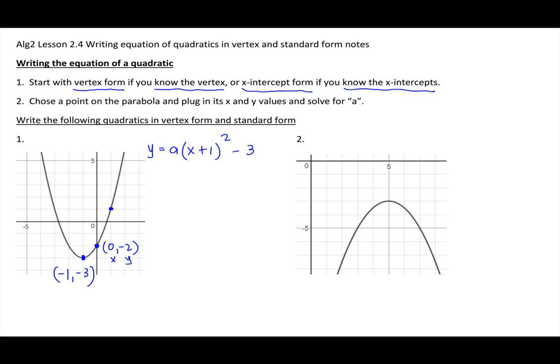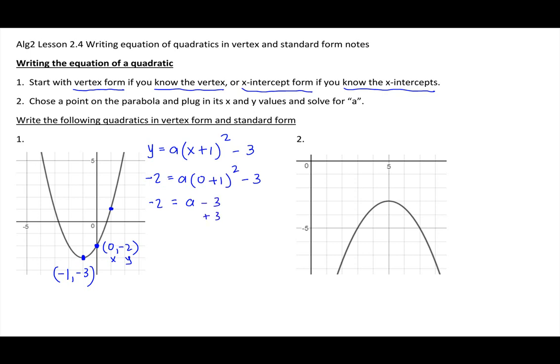So y is -2. I don't know what a is; I'm trying to find that. x now is 0, plus 1, squared, minus 3. We're just going to work this out and solve for a. 0 plus 1 is 1. 1 squared is 1. 1 times a is just a. So -2 is equal to a minus 3.